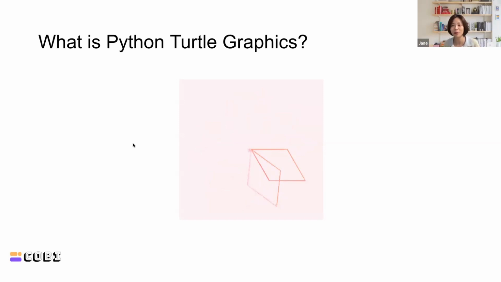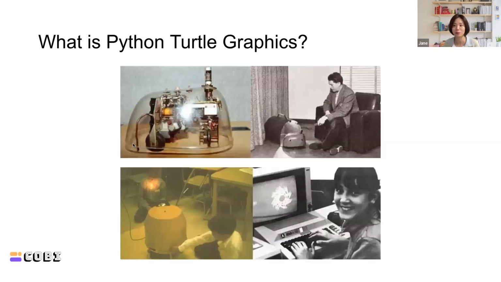Okay, you probably know this already, but just to go over the history real quick. In 1948, long ago, a neurologist, Gray Walter, created his first robot that looked like this. It's named Elmer, and it looks like a tortoise. It moves like a tortoise.